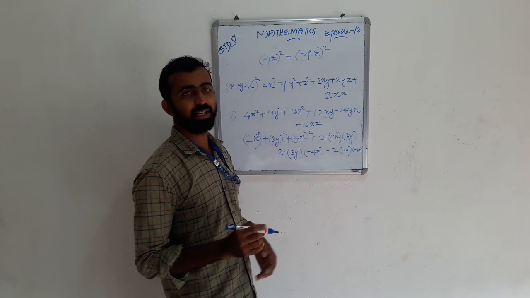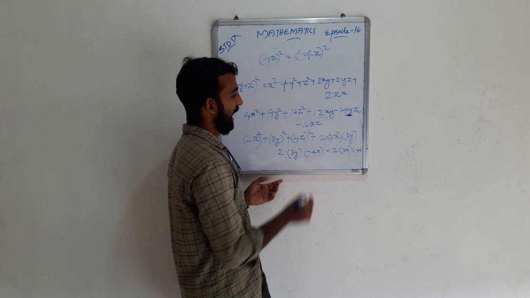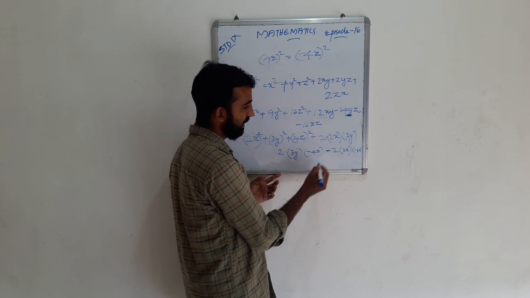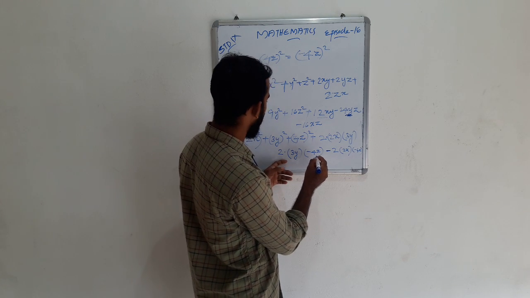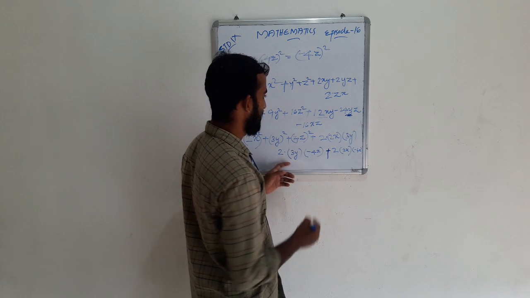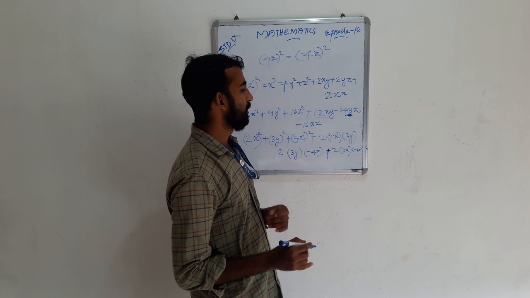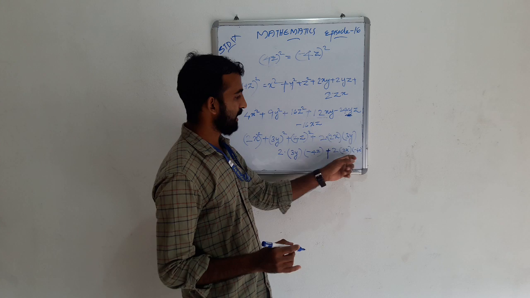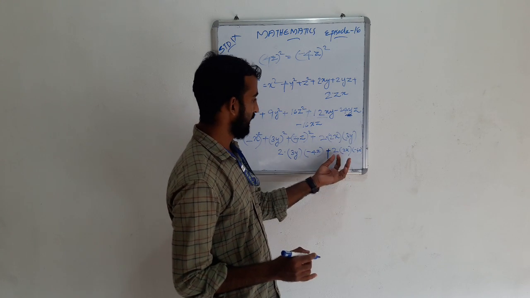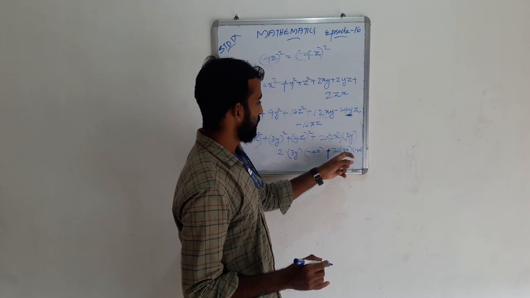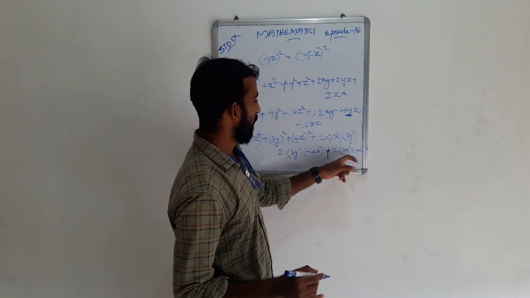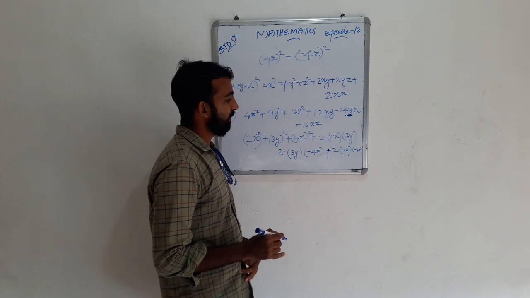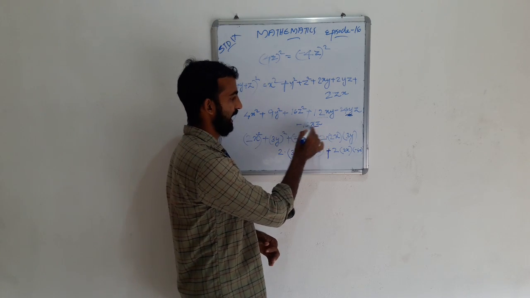That is, we get negative 24yz. And also plus 2 into 2x into negative 4z, that is 2 into 2, 4, 4 into 4, 16, 4 into negative 4, we get negative 16xz.